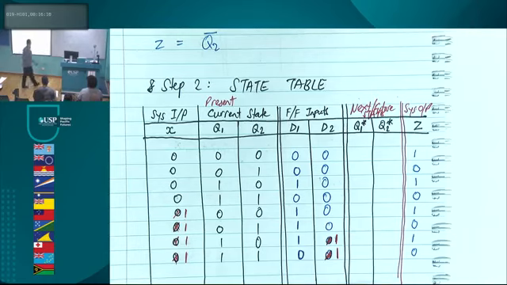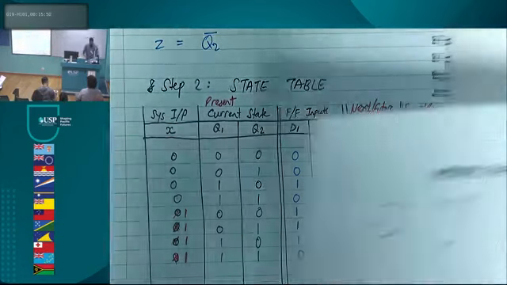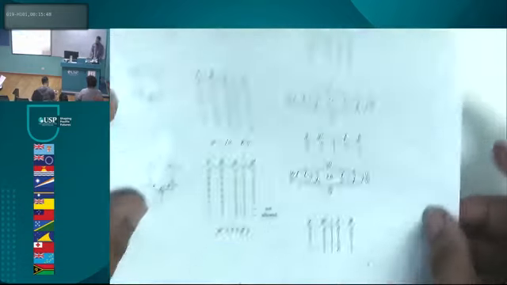You know your flip-flop input and you know your current state, and you want to predict the next state. So let's now do that. In order to fill these two columns, the next state, you need to refer to flip-flop tables. Or it's good if you memorize it, in fact.